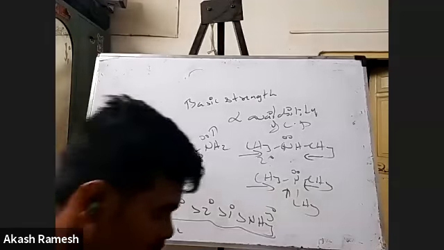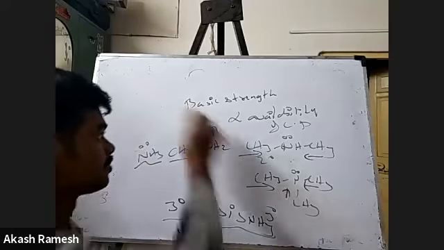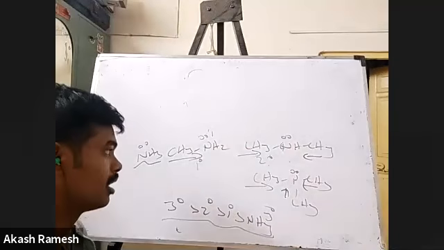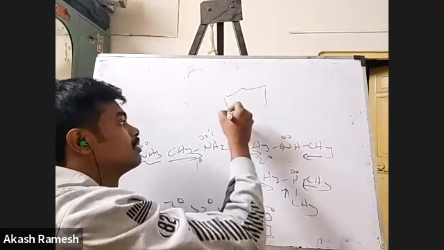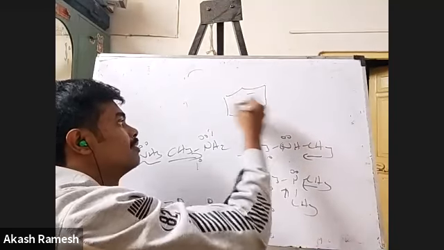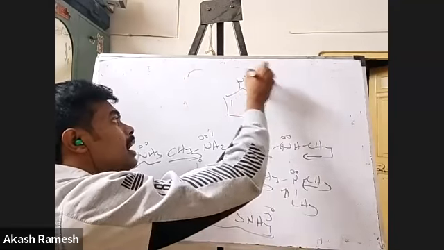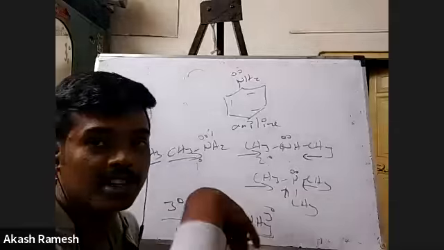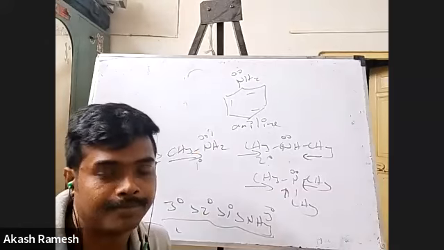Now, actually, I forgot one thing. Say I compare these three things. We already know what the order is. And if I have aniline, a benzene ring with NH2, which is what is called aniline.